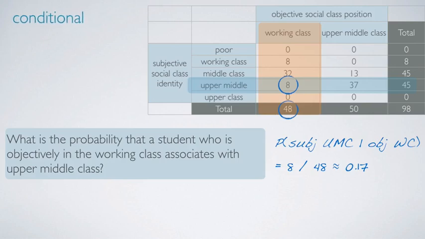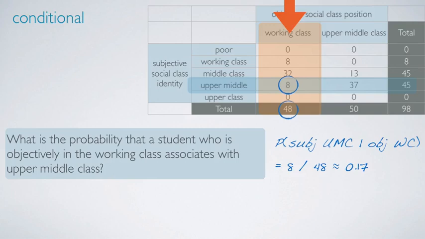We call this a conditional probability because we first conditioned on the working class and then calculated the probability based on counts only in this column. So we disregarded everything else in the contingency table. When finding conditional probabilities from contingency tables like this, once you figure out what your given is, you can literally physically cover up the rest of the table because you know that you're not going to need any of that other information.